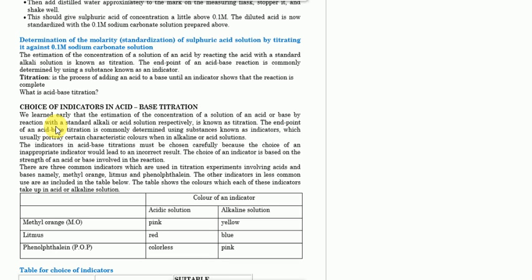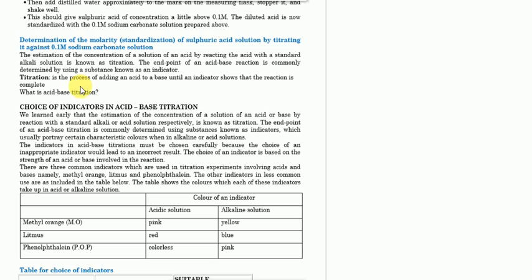So the change in the pH will lead to the change in the indicator color, and at the end point the pH is neutral. That means all the acid which is present in the solution has been reacted with the base and the pH has become neutral. If the pH becomes neutral, then the color of the indicator changes.